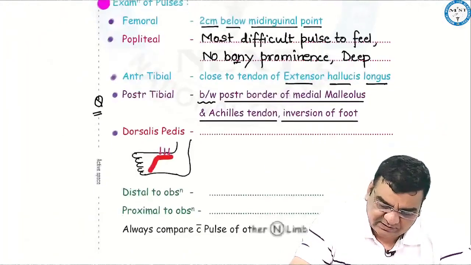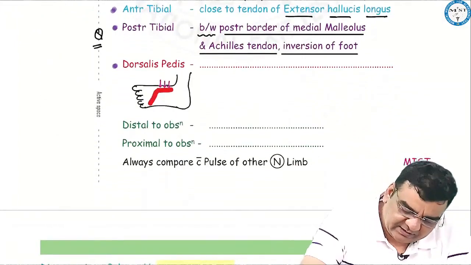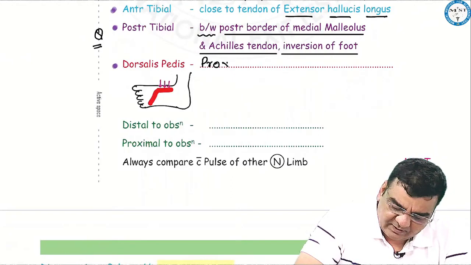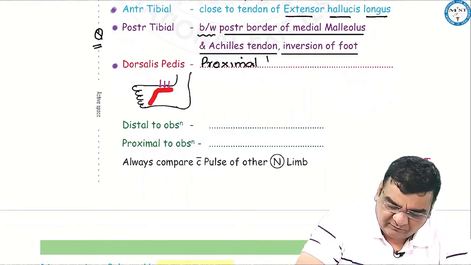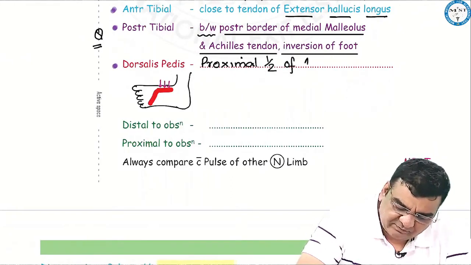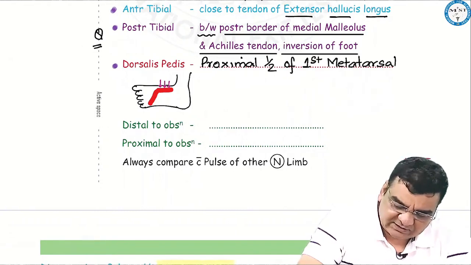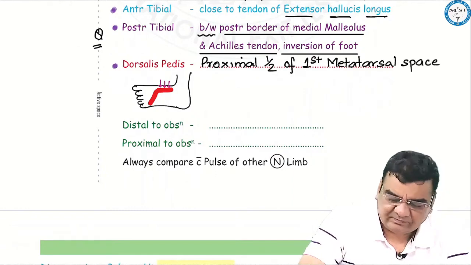So dorsalis pedis is palpated in the proximal half of first metatarsal space.